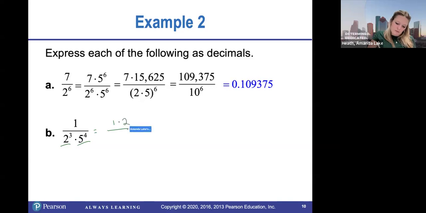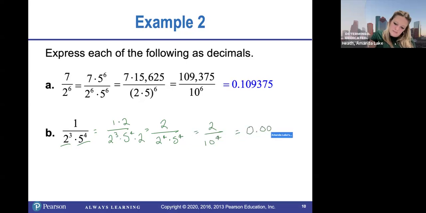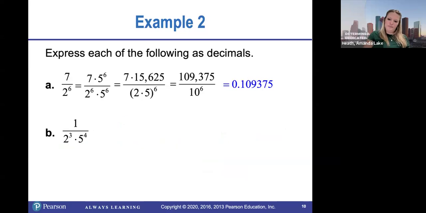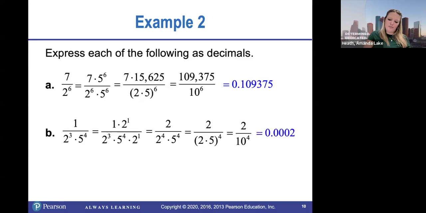So I'm going to multiply by 2, which will allow me to have 2 over 2 to the 4th times 5 to the 4th, which is 2 over 10 to the 4th, which is our 4th decimal spot, because this is 2 over 10,000. Here's that worked out for you.